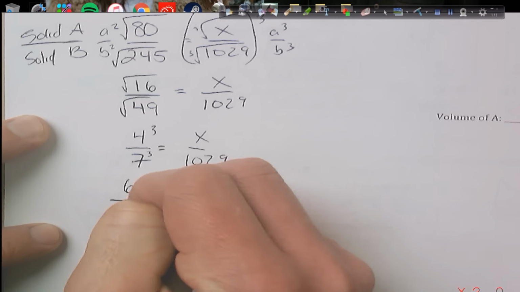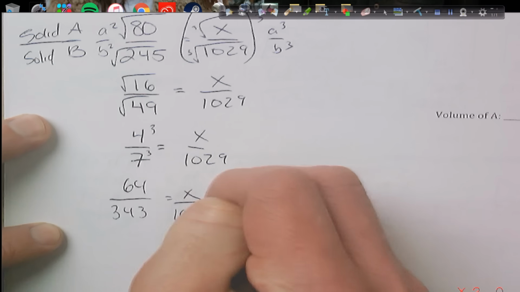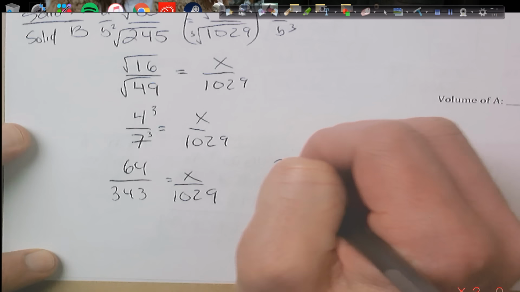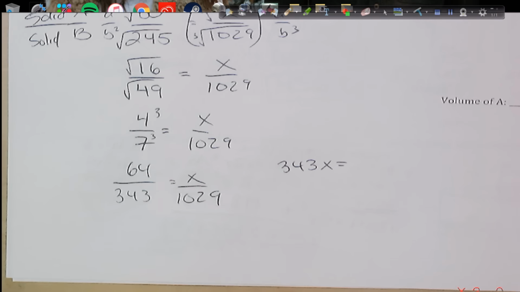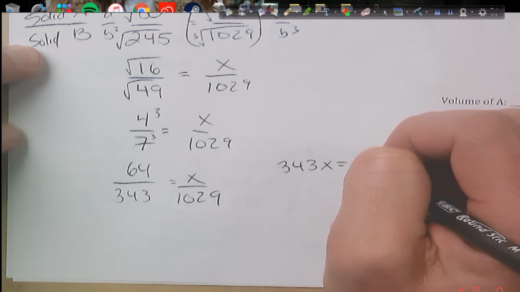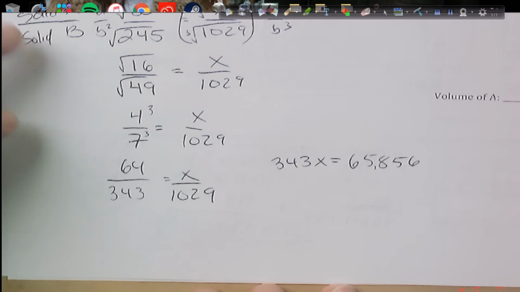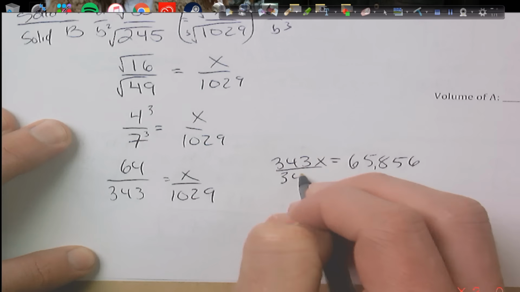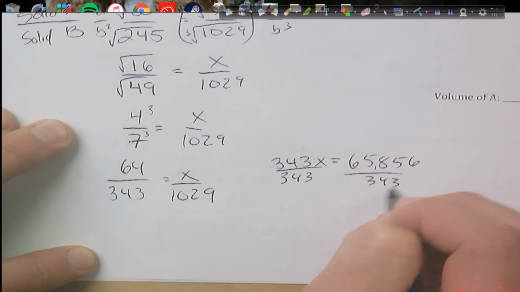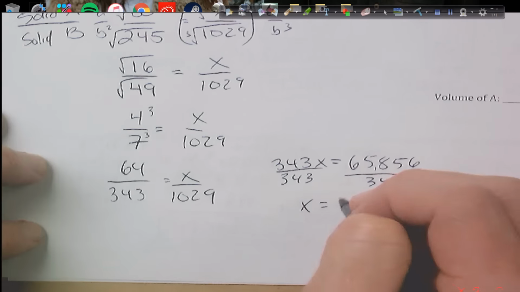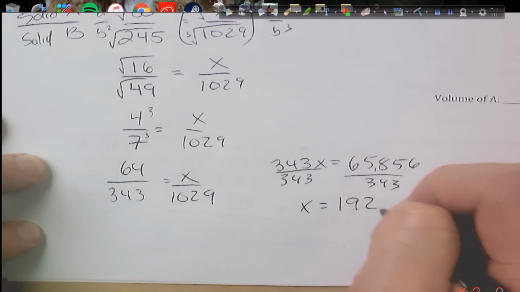And it was. And we cross multiply here, and we get 343x equals, oh gosh, a huge number, nothing we can't handle, and divide. And looky there, we come up with a decent number.